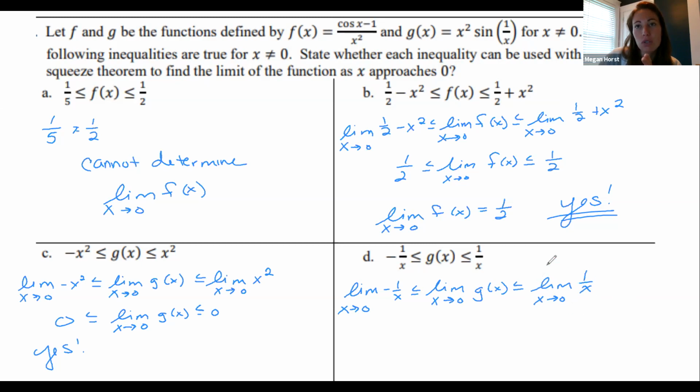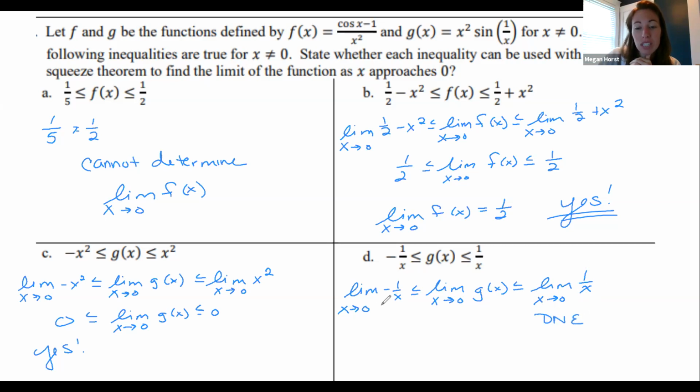That's that rational function, right? And when we're looking at that rational function, I have an asymptote going through my y-axis. And that asymptote is going to be going towards, so coming from the left, the limit coming from the left is going towards positive infinity. The limit coming from the right is going towards negative infinity. So this limit itself doesn't even exist.